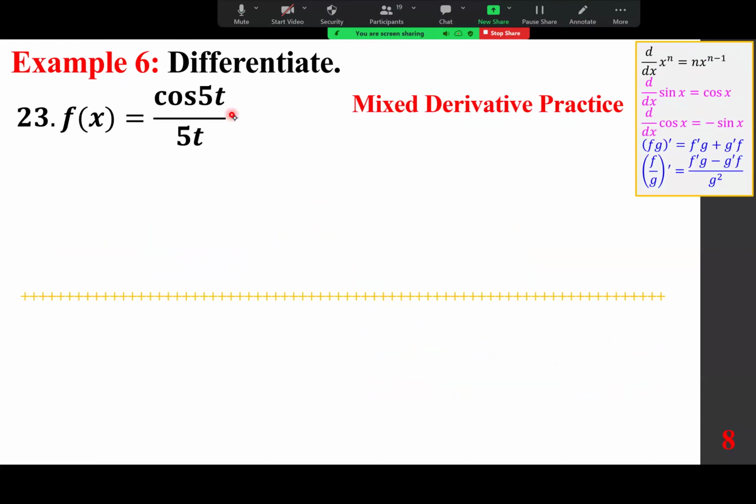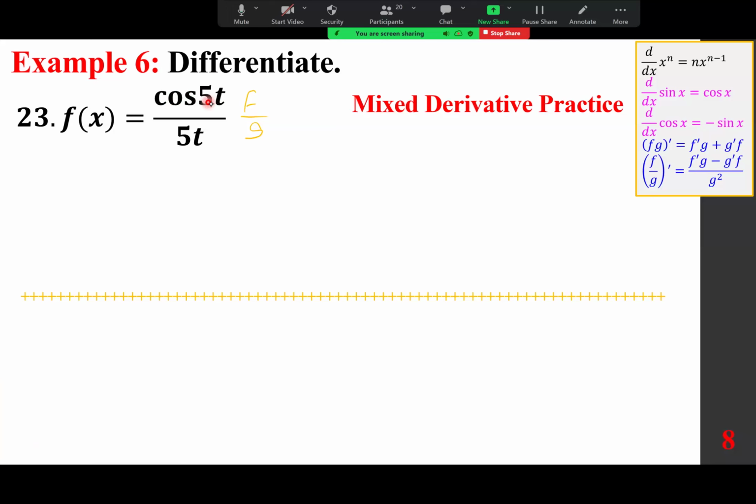F of x is cosine 5t over 5t. So we are going to differentiate this, and again we are going to use the quotient rule. So I'm going to call this f over g. So f prime: cosine, the answer is minus sine, minus sine of what?